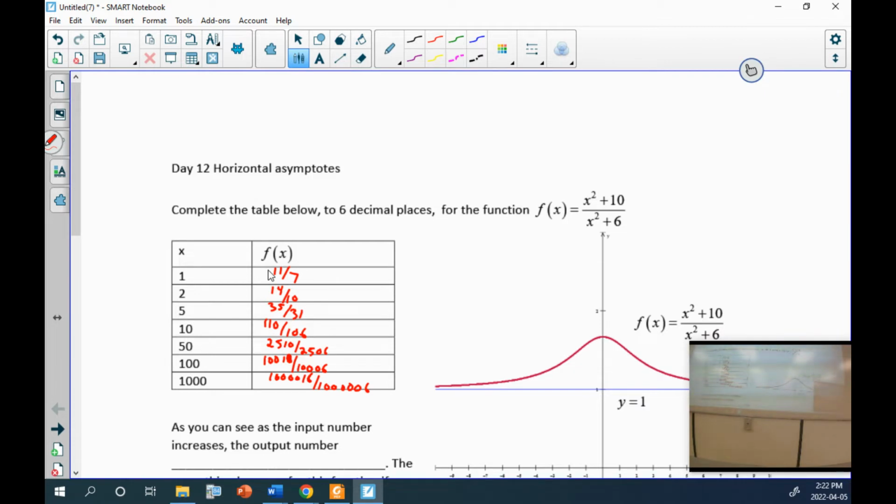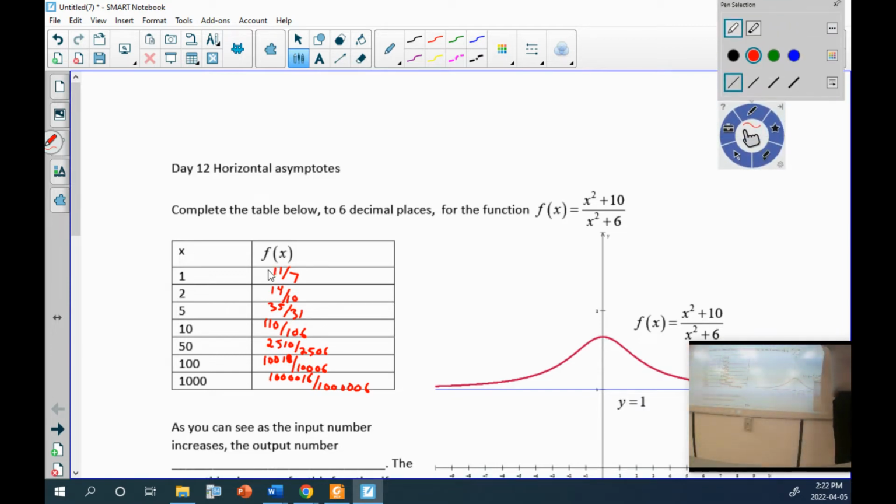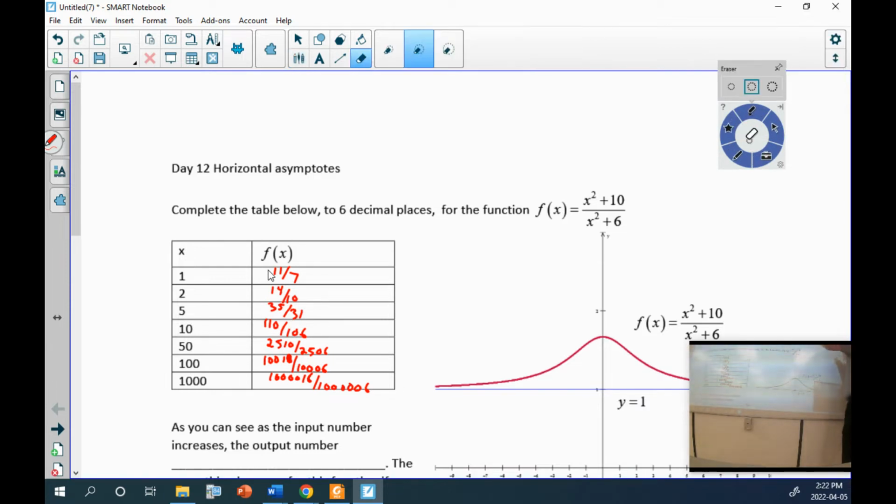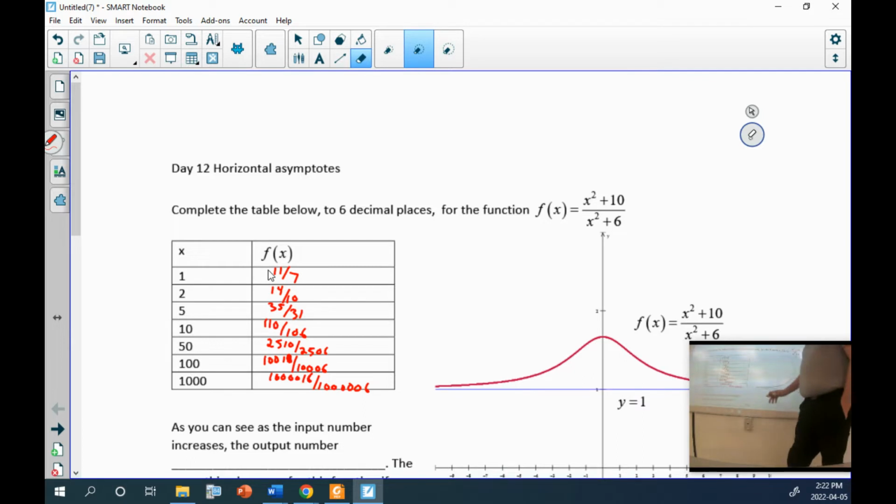Now, again, what number is this approaching as we start to put in larger and larger values into that function? As x gets larger, what is the y value getting closer and closer to? We have 1,010,000 divided by 1,000,006.